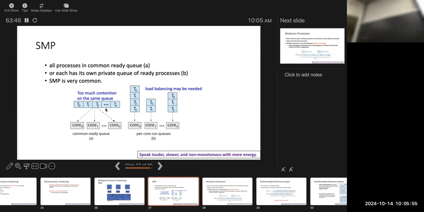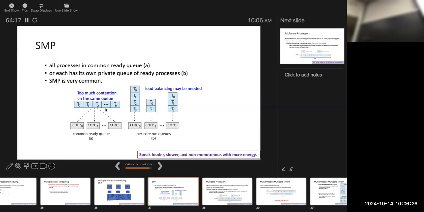It can get the process from the head, schedule and run it, then release the lock. Now the head is updated, right? Now when core 1 wants to get a process, it will first request the lock. If it successfully gets the lock, then it can get the process from the head of the queue and run it on core 1. And then after retrieving the process from the head, you release the lock and so on, right? So you can do the locking to solve the problem.